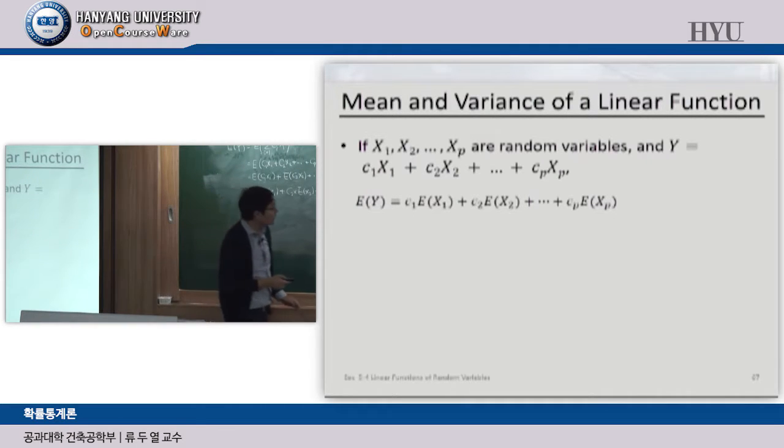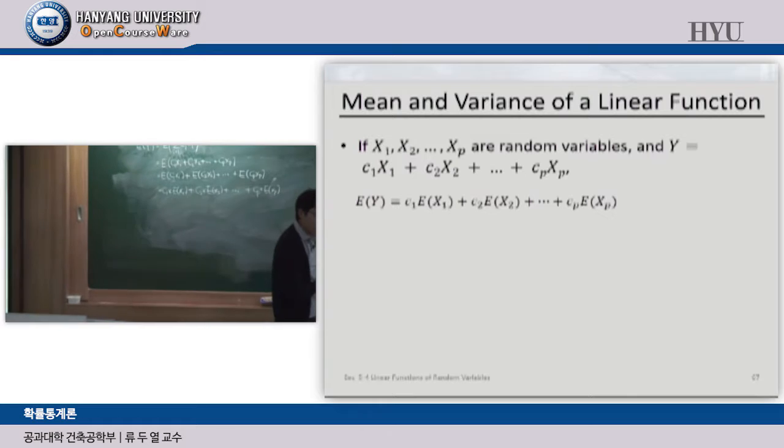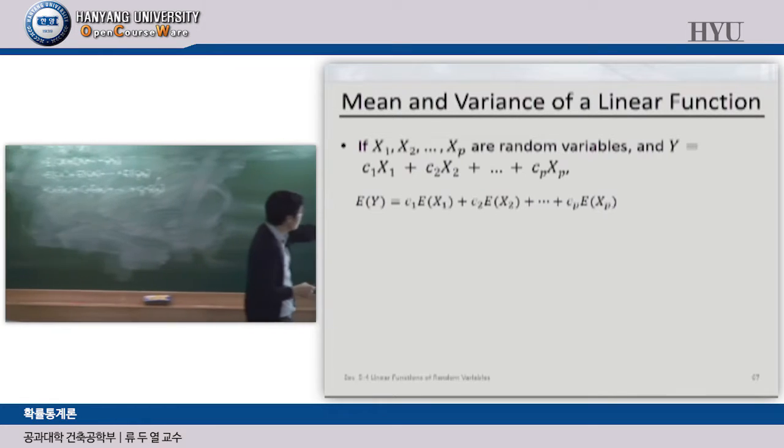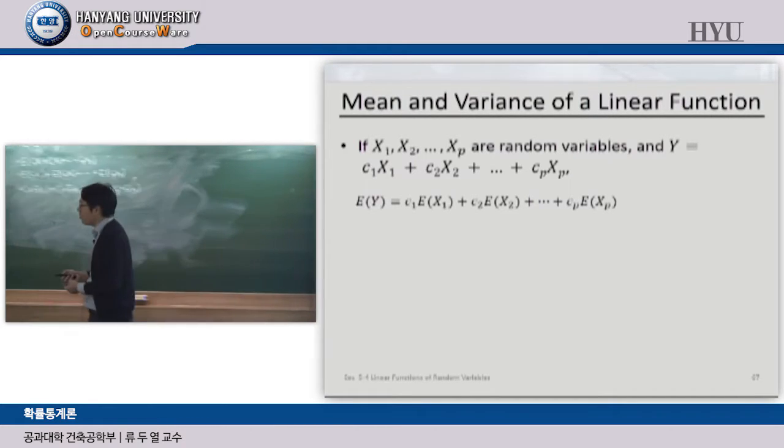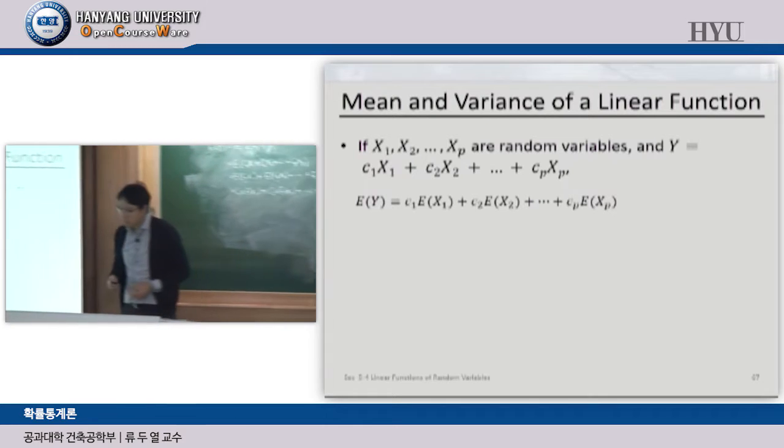So for both continuous and discrete random variables, E[Y] is equal to C1 E[X1] plus C2 E[X2] plus Cp E[Xp]. So we can calculate the mean of Y based on this summation.